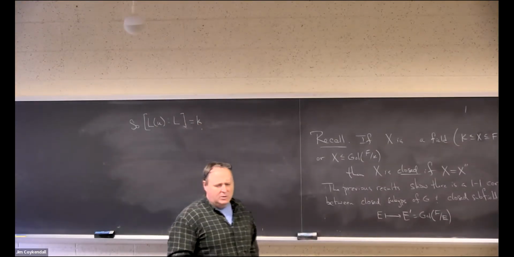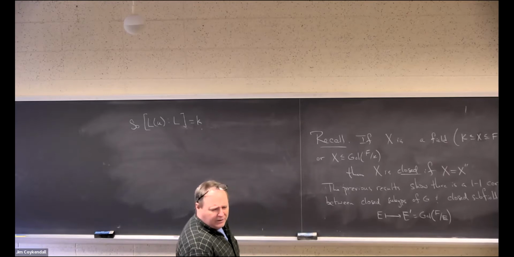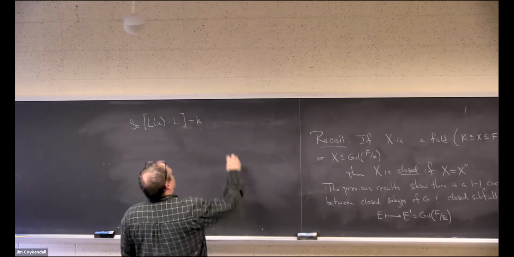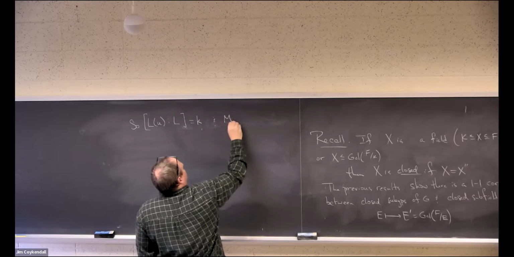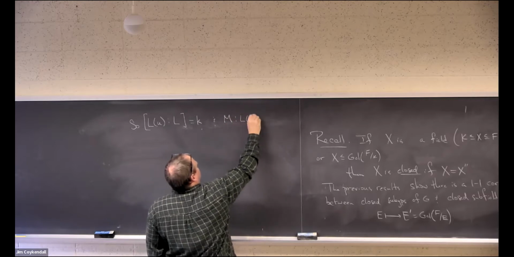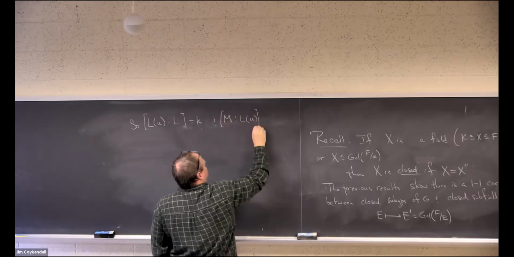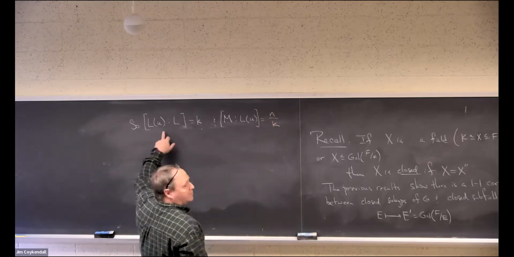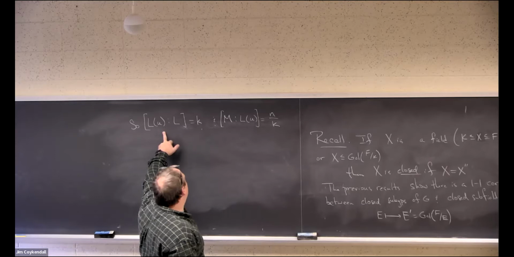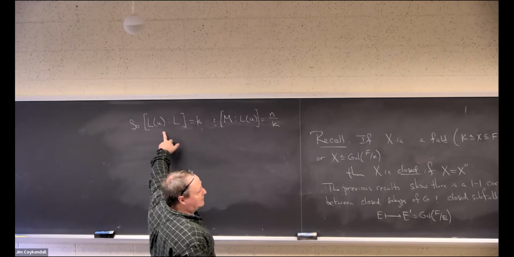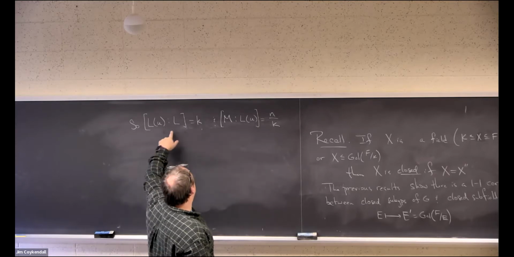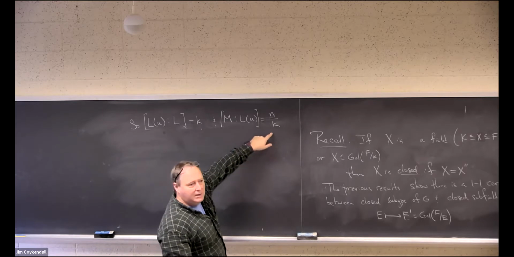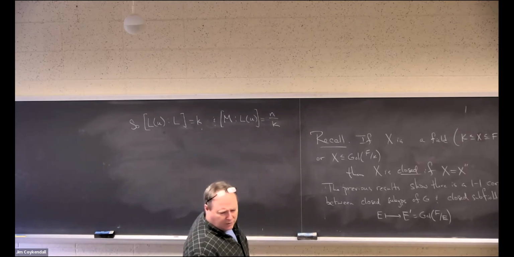So the degree of L(u) over L is k, and of course, because degrees multiply, and the degree of M over L is N, then k divides N, which has to be an integer, of course.